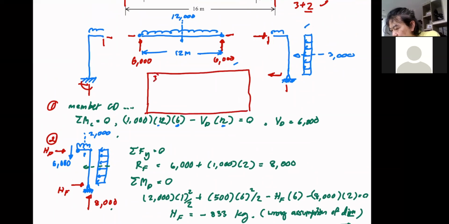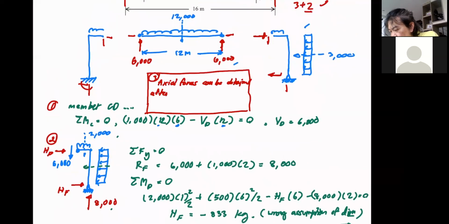Step number 3, you can say that all the axial forces can be obtained. That's obtained, okay?